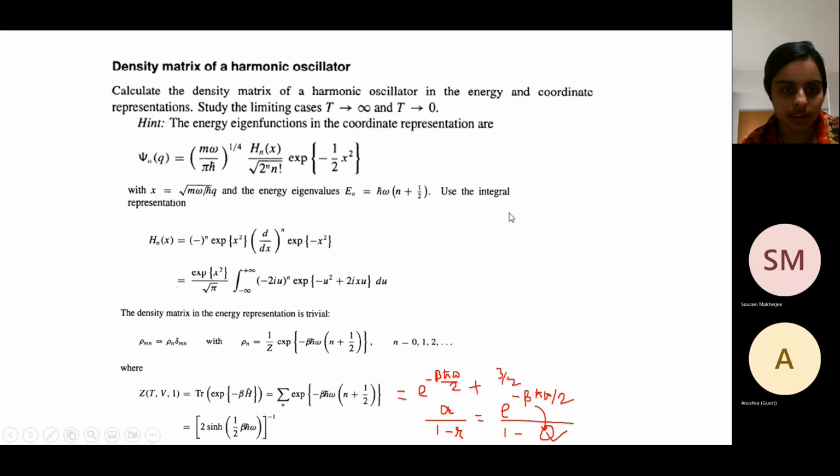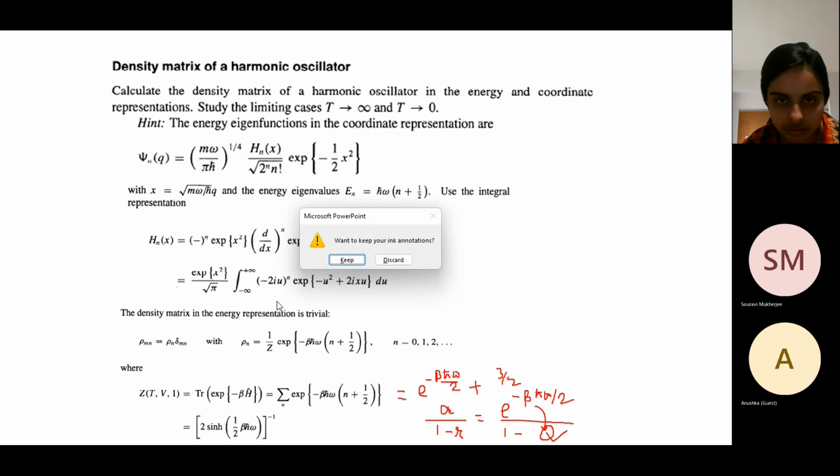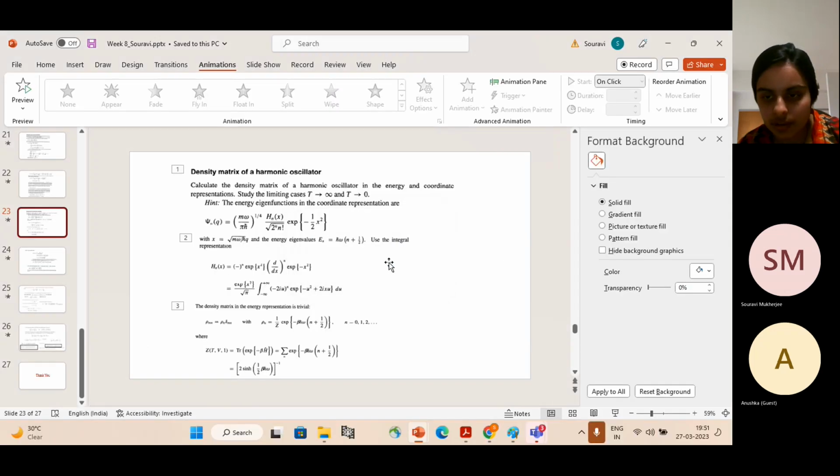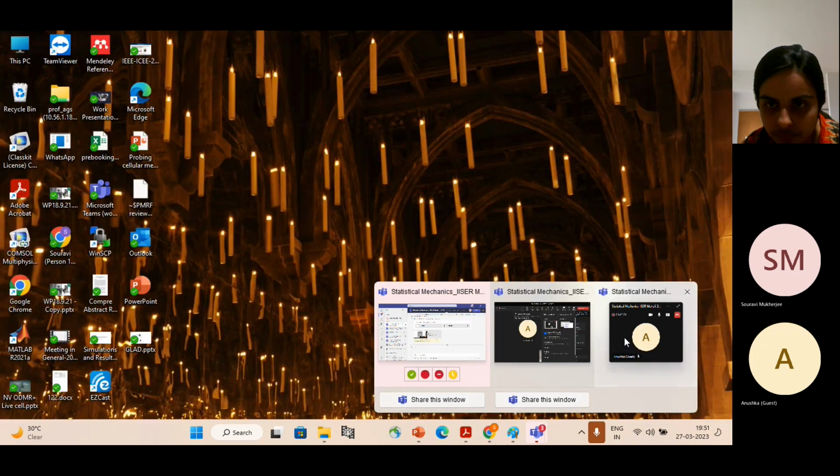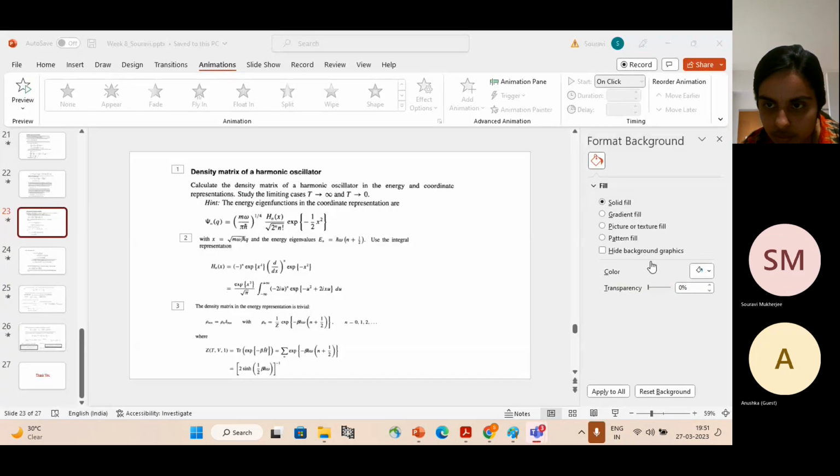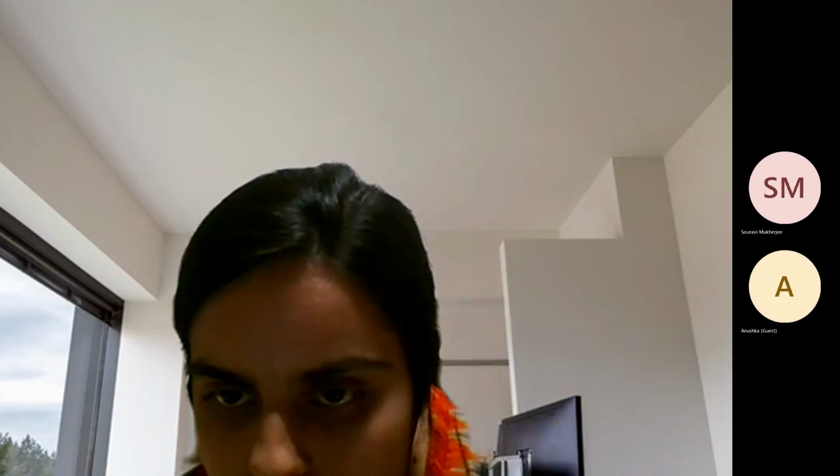So now when you have to do it in the position representation, what happens? Let me see your expression. Use the hint, you have to find the canonical density matrix.